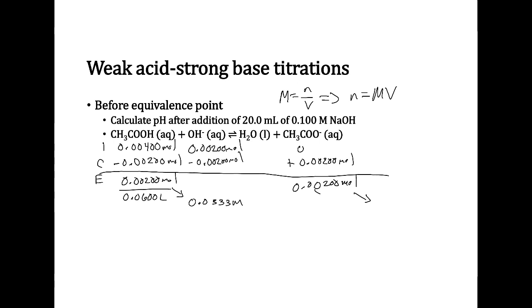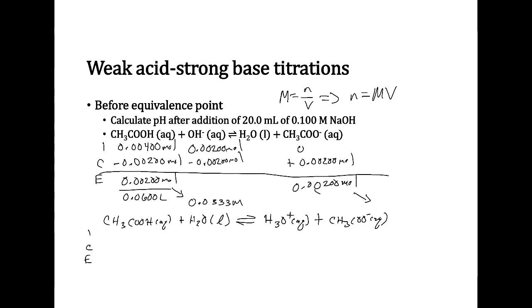So now we're ready to set up our ICE chart for the dissociation of our weak acid. So we'll do the exact same process that we did before we added any hydroxide. Alright, so now we have our reaction written. So we can plug in our initial amounts, our change.